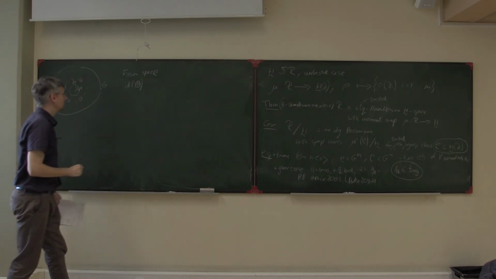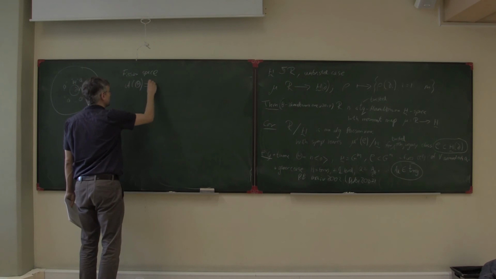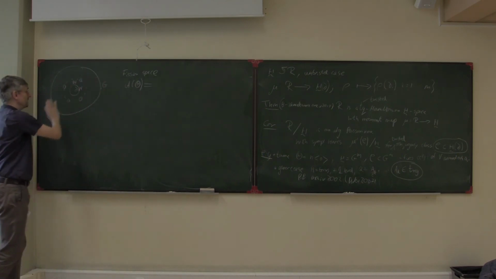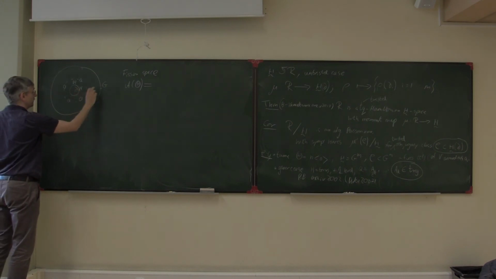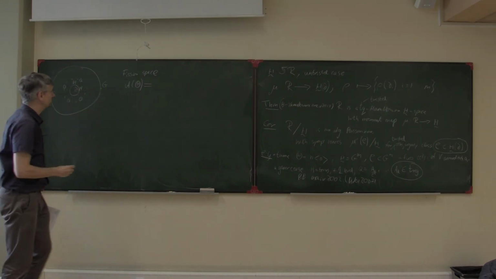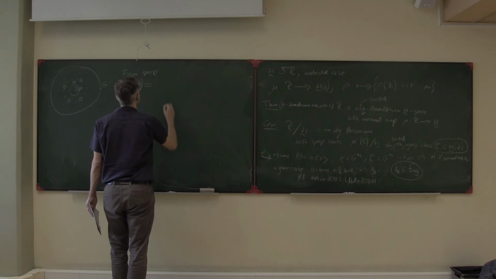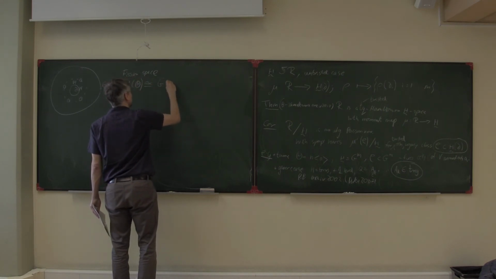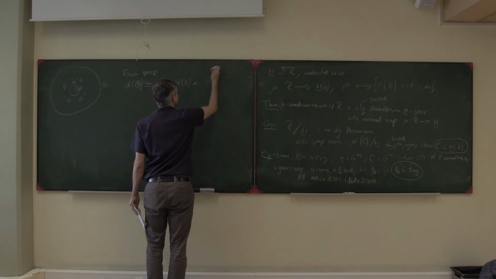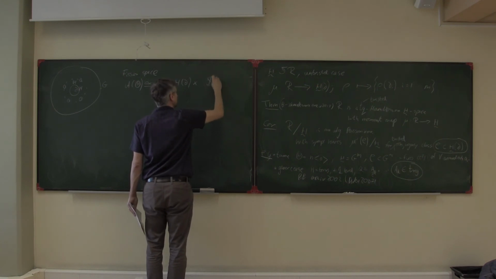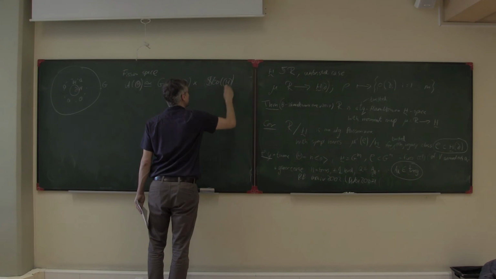So for an arbitrary irregular class, you just take the space of Stokes representations of this with a base point on each of the boundaries, as we do in general. And so you get something which can be written out explicitly as G cross H cross the product of the Stokes groups. So let's just call this Sto of theta.